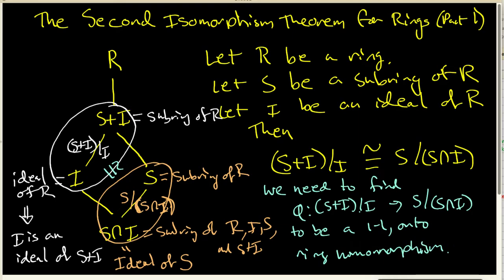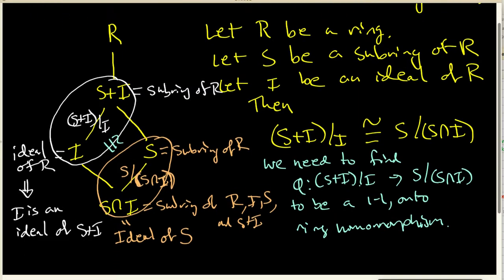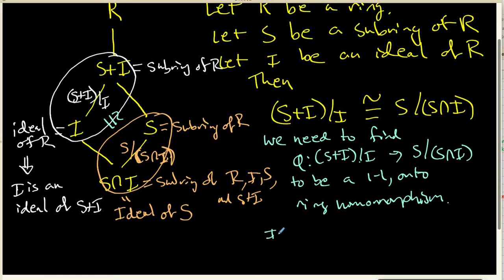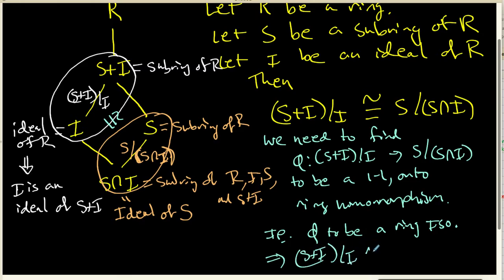Because in that case, our map will be a ring isomorphism. So we want phi to be a ring isomorphism. And that will imply that the domain of phi, S plus I mod I, will be isomorphic to the target set, which is S mod S intersect I.